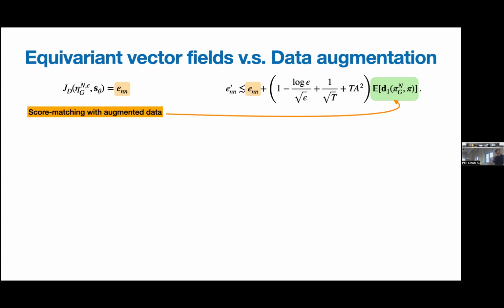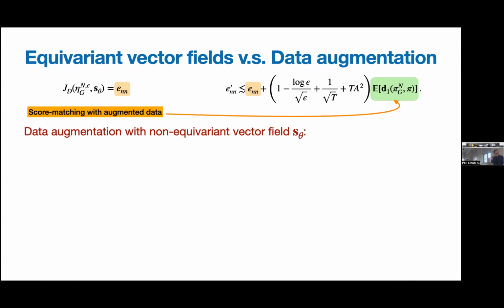Okay. So now we want to quantitatively compare the equivariant score approximation versus data augmentation. This gain appeared here in this sample complexity bound comes from the score matching with this augmented data.